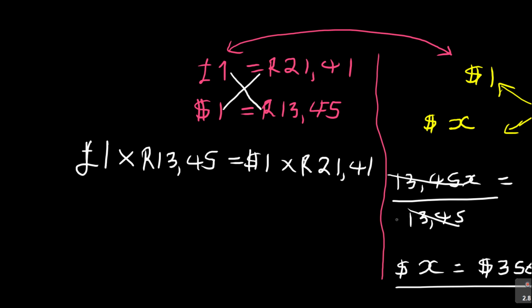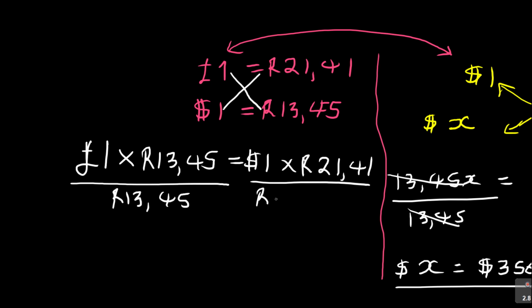Now I'm going to divide by the rand, for example by 13 rand 45. You could have divided by the 21 on the other side, but it will still make the same rate.